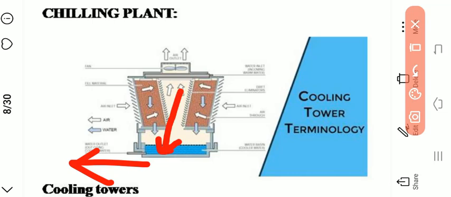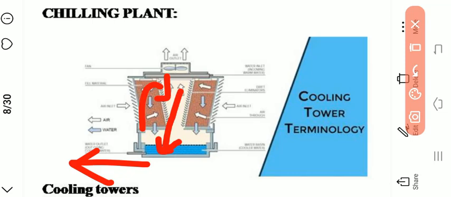This system pumps the water to the top water distribution system where it is ejected through spray nozzles. So this is the spray nozzle, and it sprays through this film fill that lies below the sprayers.